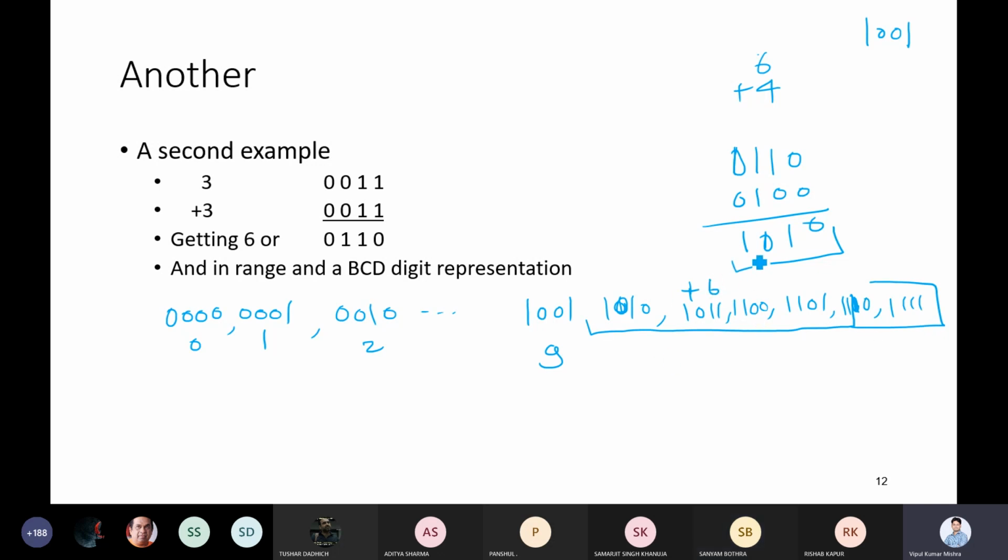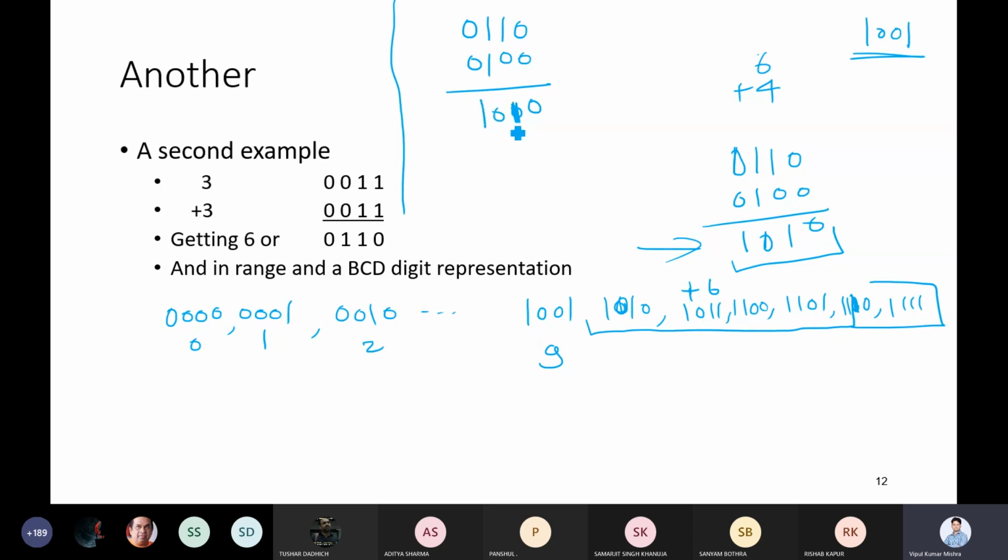So whenever you have a number at the time of addition which is beyond this, then you have to add plus 6. So let me take this number fresh. I'm saying 0, 1, 1, 0, and we are adding 0, 1, 0, 0. We are adding, so 0, 1 plus 1, so 1 plus 0, 0, 1 plus 1, 0, sorry, and then 1.